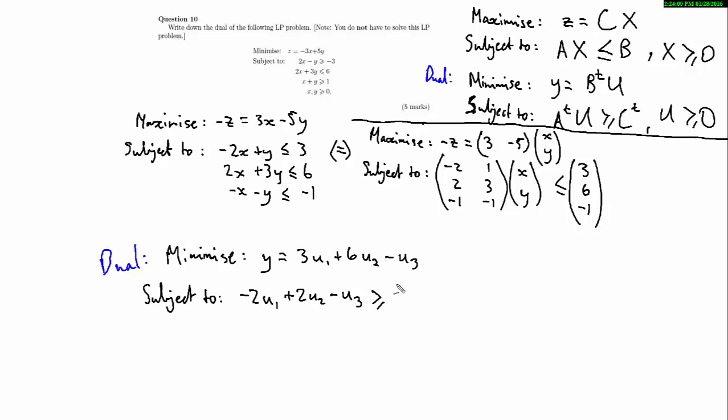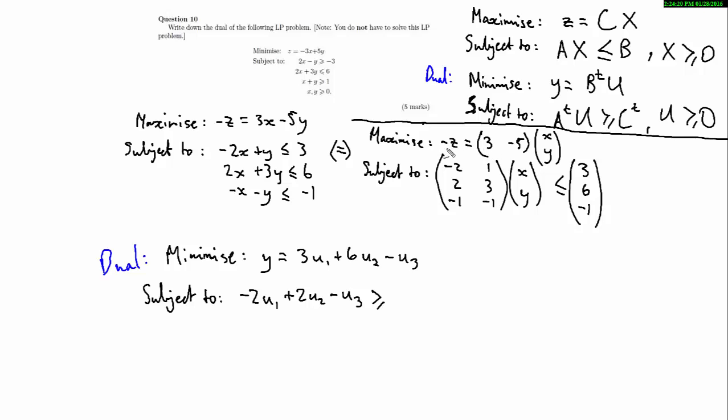Then we give ourselves a greater than or equal to sign as per the definition, and then we take the first element of the transpose of the original cost coefficient matrix, which in this case is 3.